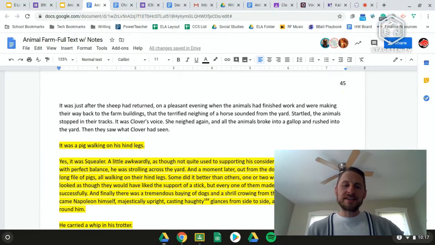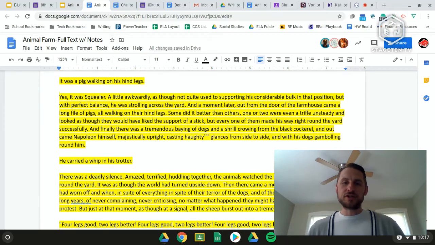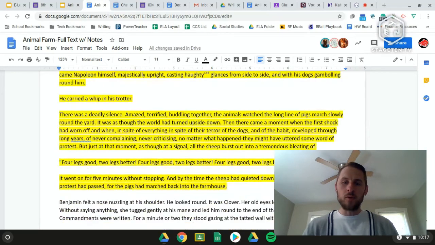All right, then this next section here is the part that I had mentioned a bit before, where one day Clover has this moment where she freaks out, and it's because she sees a pig walking on its hind legs. At first it's Squealer, and then it comes out that Napoleon and all the other pigs are walking on hind legs and carrying whips.